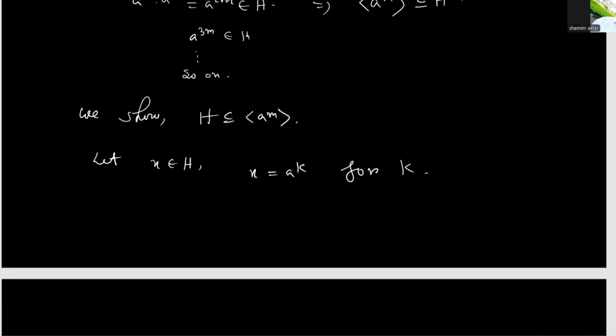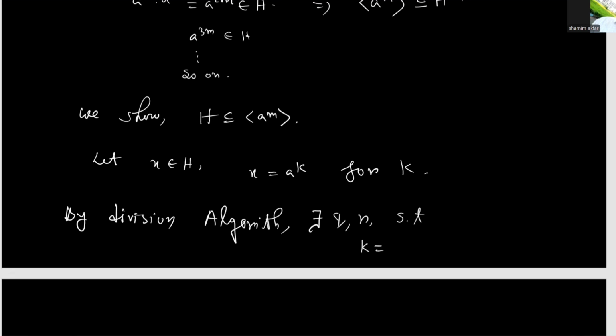By the division algorithm, there exist integers q and r such that k equals qm plus r, where r lies between 0 and strictly less than m.